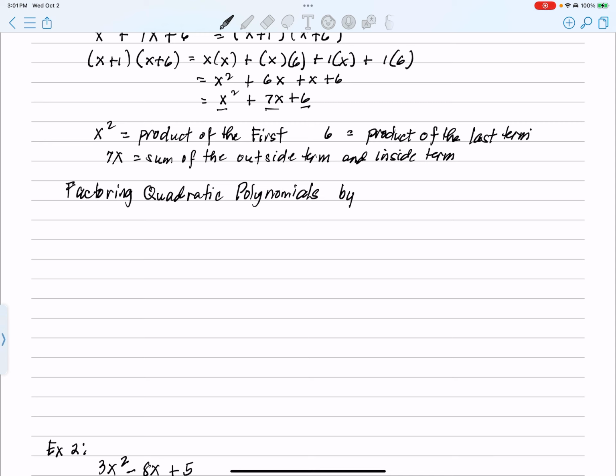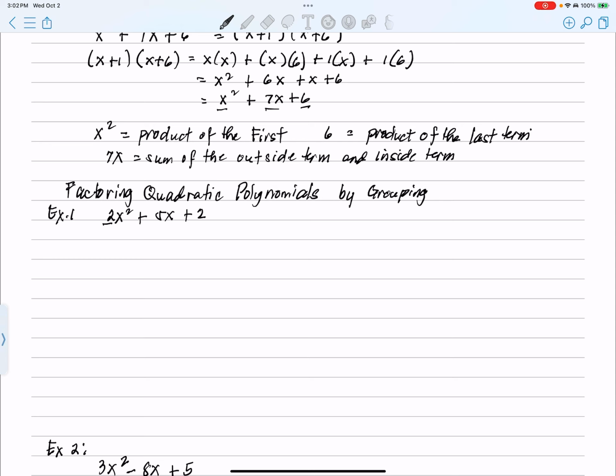So let's do it by grouping. For example, I'm going to have example 1. I have 2x squared plus 5x plus 2. If you try to observe, our first term has a leading coefficient. That means there is a coefficient on the first term.